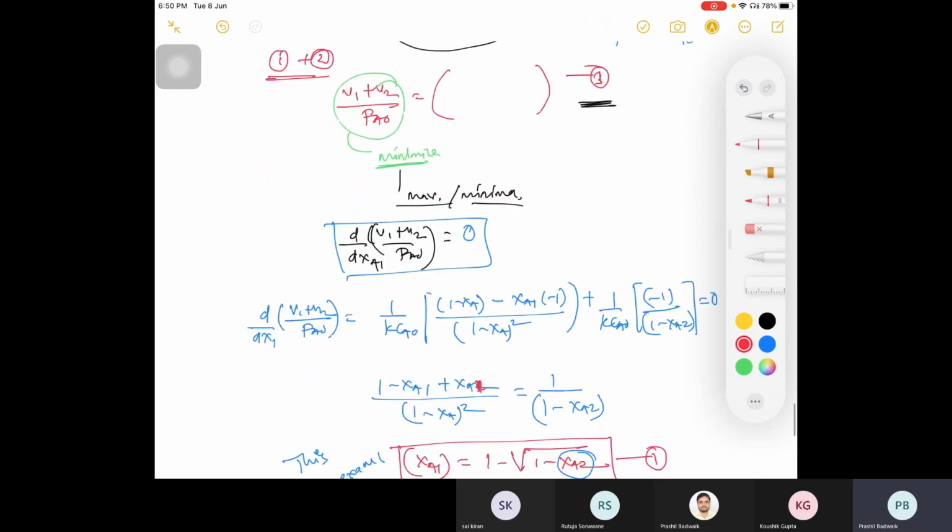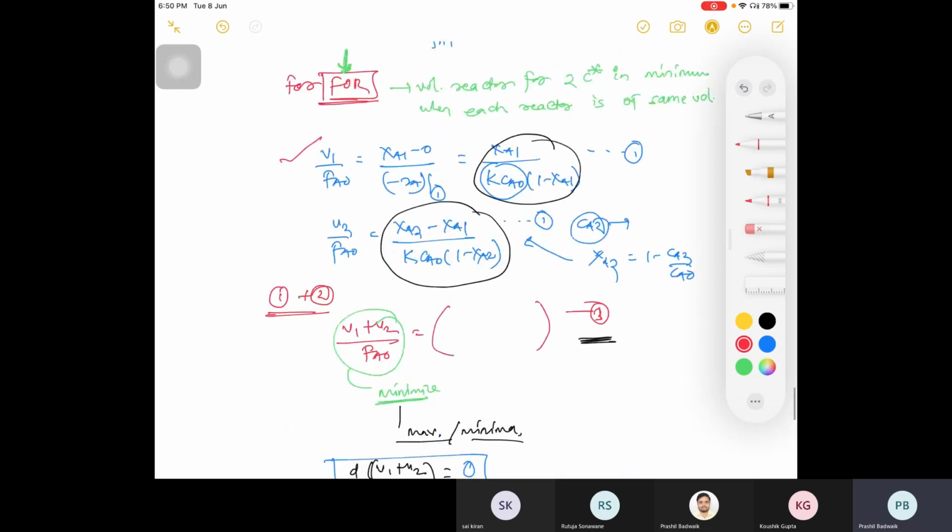Now please substitute this value in equation 1 and equation 2. What you will get?